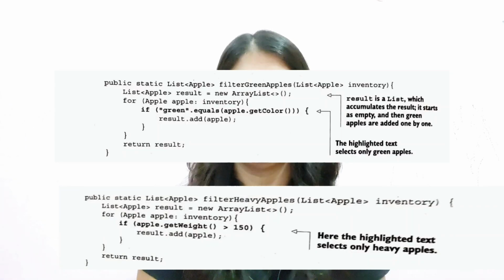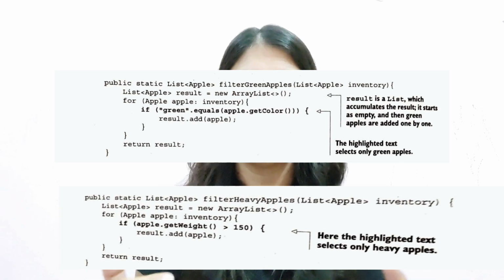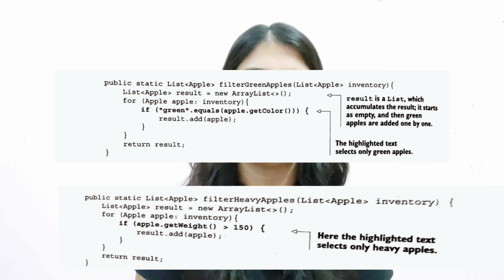If you observe carefully, only the if condition is changing here. The other parts are the same. You are passing the same list and returning a list of apples which are heavy or which are of this color. So only the if condition is changing. The methods would be the same but there is just something that is different.